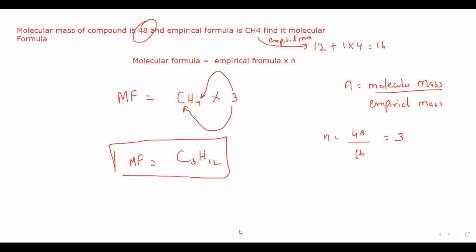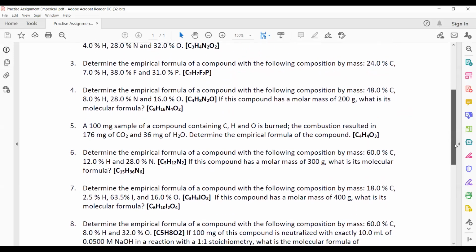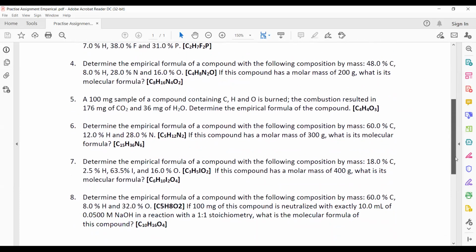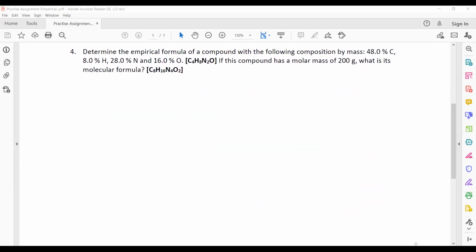So now we'll do some examples related to the molecular formula. So this is a question.